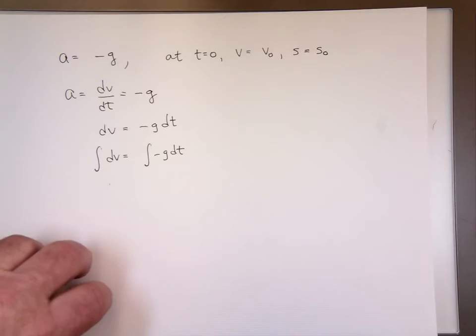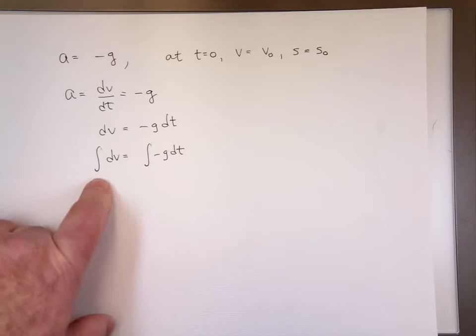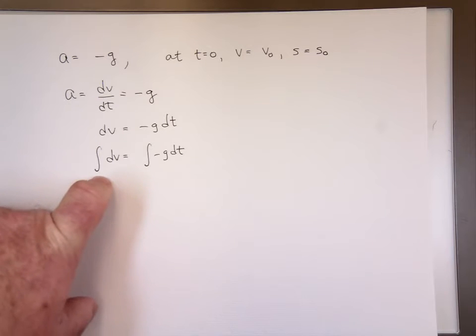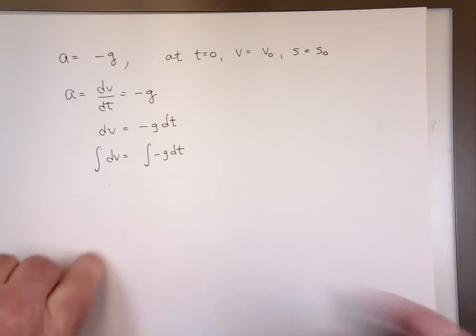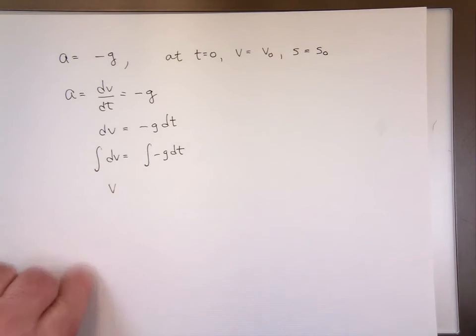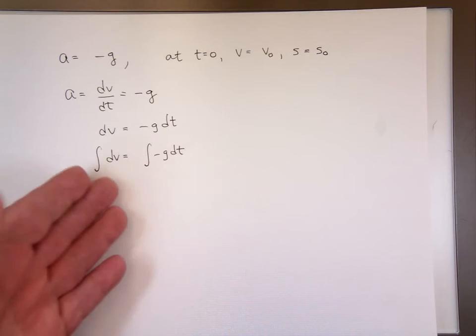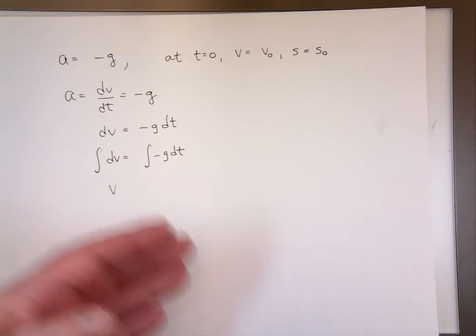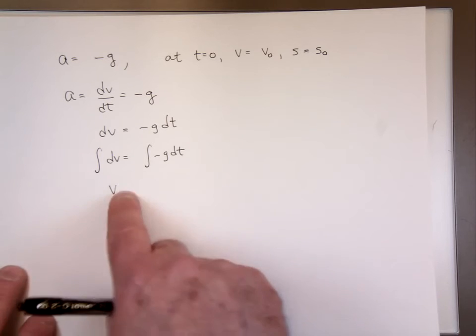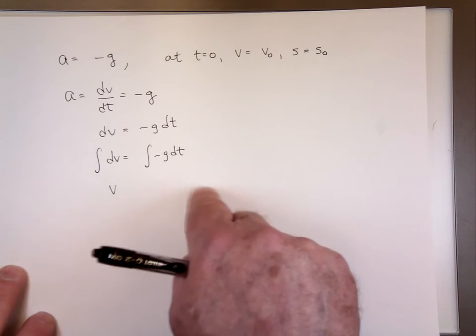Now, what's the antiderivative or integral of dv? V. Nice. Actually, it's v plus a constant over here, but you've got a constant here, and a constant over there. We'll take the two constants, put them on one side, and consolidate them so we don't have to write two constants. Just the one constant on the right will be good enough.